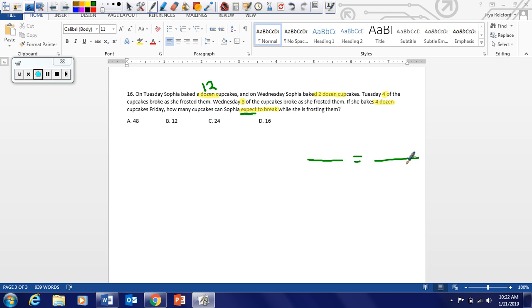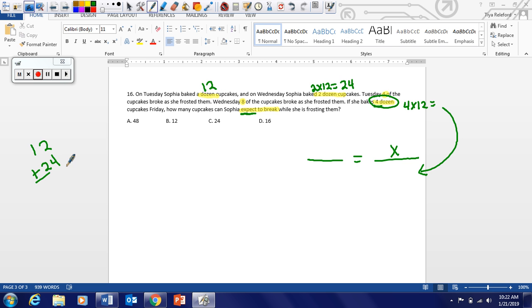Expect means you're going to set up a proportion. 4 dozen, that's your total that goes under X. Over here, you're going to have to do some calculating. 2 dozen is 2 times 12. So she baked 12 and 24 cupcakes.